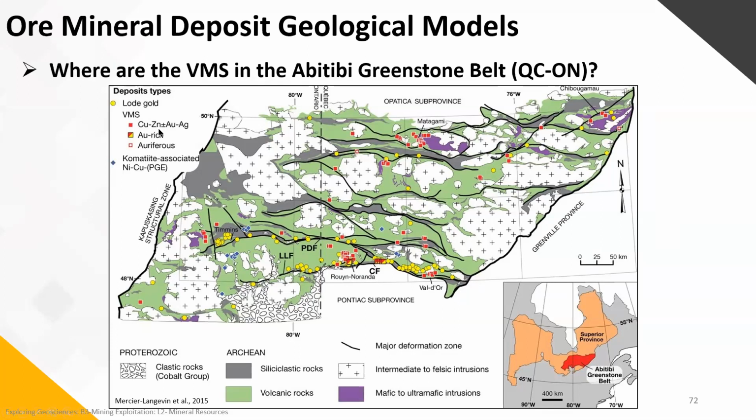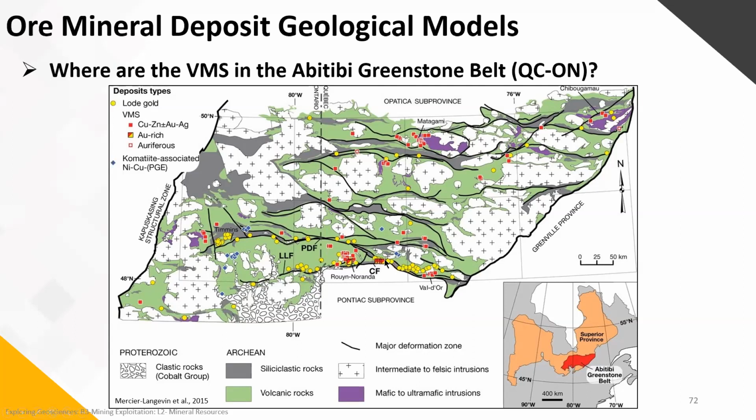They are base metal VMS, but we also have our gold VMS. And then we have a separation of them. Between Rouyn and Val d'Or, we have a segregation of gold VMS. These belong to the Bousquet-LaRonde area.